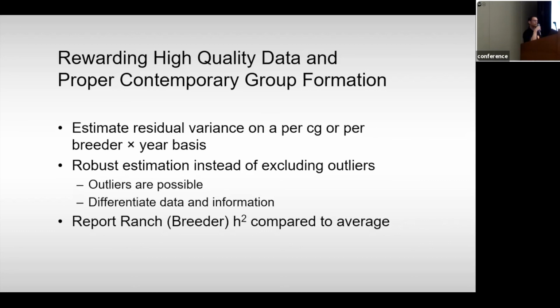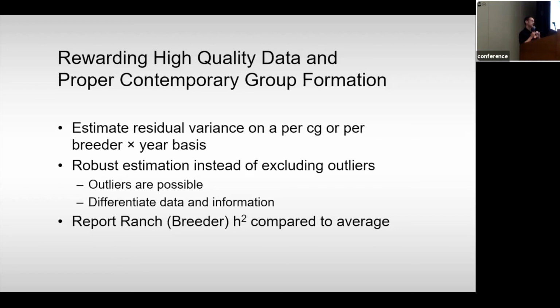So the breed association can identify, they are able to look at the data that comes in and determine. So the question is, would the breed association look at the data and determine it? And the answer is no. The goal would be to fit models that allow the models to tell us what data actually has a larger versus a lower residual variance. And the model then differentiates higher quality versus lower quality data.